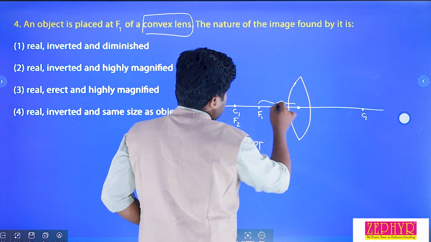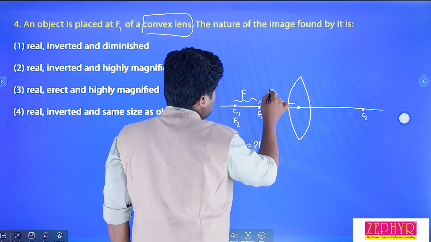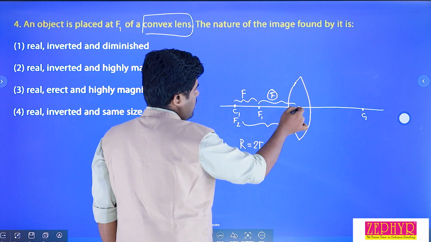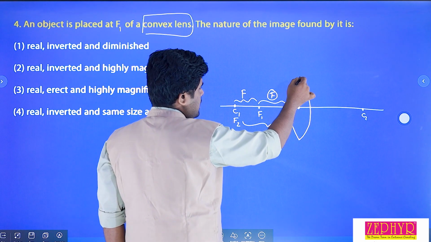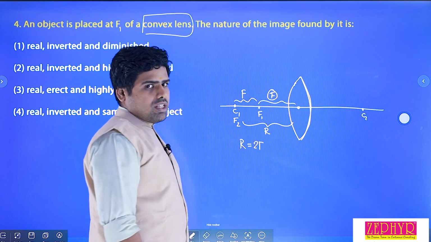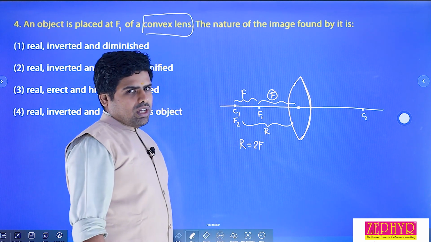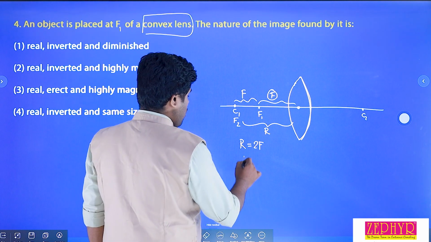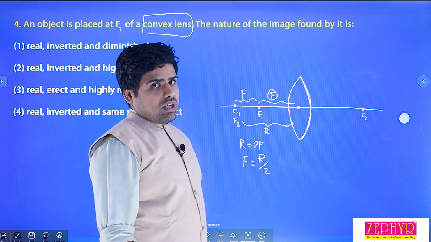Again this distance is also equivalent to this one, and C1 is the distance from the pole to the center of curvature of this side of the lens. So this one is the radius of curvature. Radius of curvature is equal to 2 times the focal length. So there is a relation: radius of curvature is equal to 2 times the focal length, or focal length is equal to the radius of curvature divided by 2.